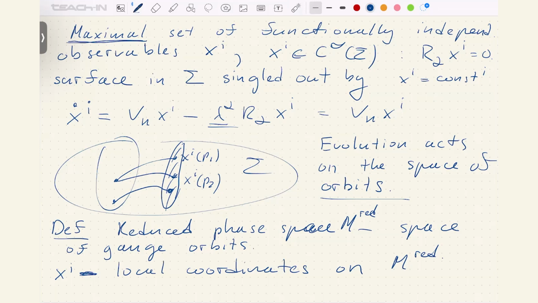Its evolution is just determined by first order differential equation x dot i equal to V_H x^i. And V_H is also well defined on this space of orbits, because we just saw that the evolution preserves the equivalence classes.